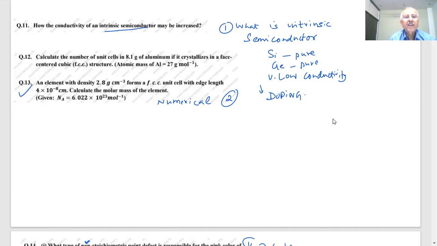One of the questions is coming on density, and we have already told you the relationship between molar mass, edge length and R. 7.82 into M by 4 over 9.